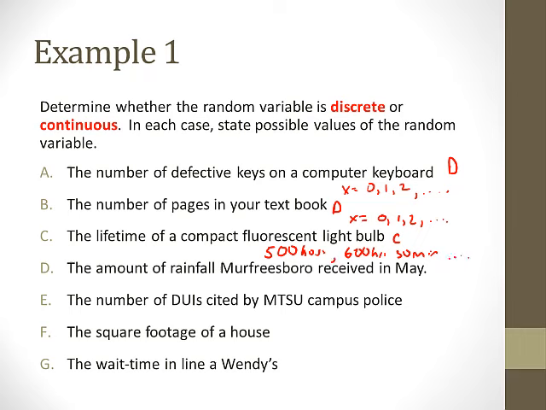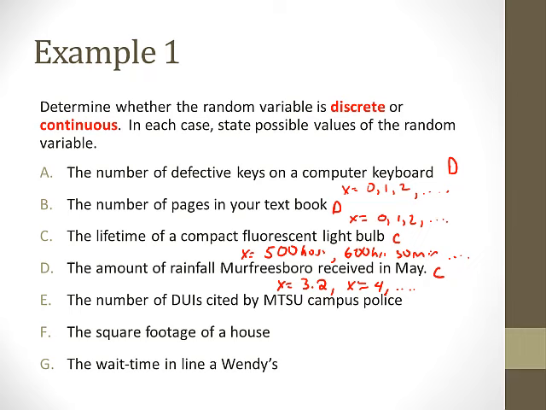The amount of rainfall Murfreesboro received in the month of May. Again, this is the amount of rainfall, something we're measuring, so this is continuous. What are some examples here? Maybe we're going to be in inches, so we could have received 3.2 inches. So again, we could say X equals 3.2, X equals 4, etc. The number of DUIs cited by MTSU campus police.